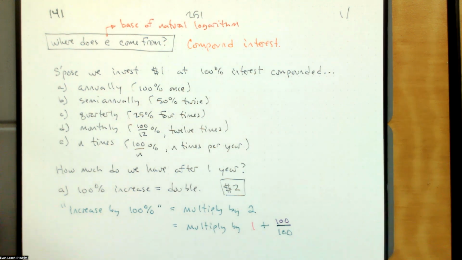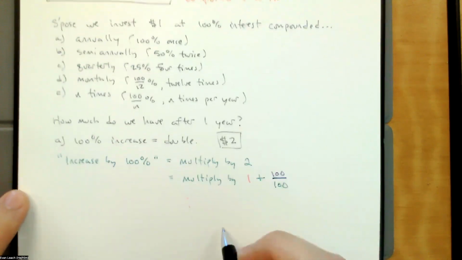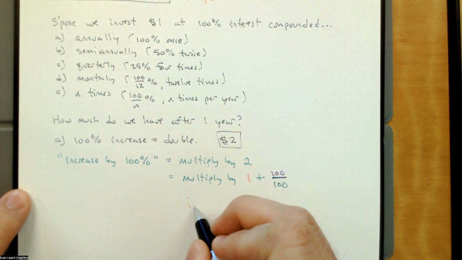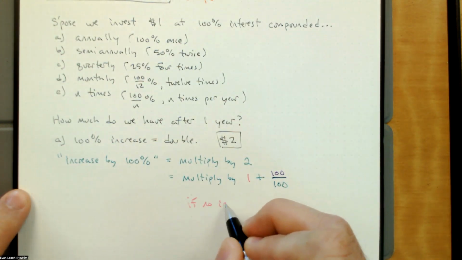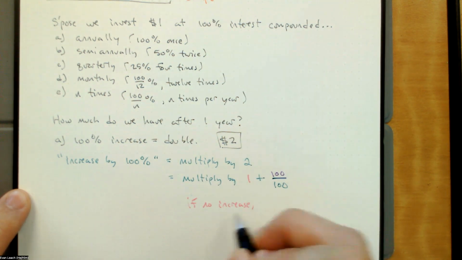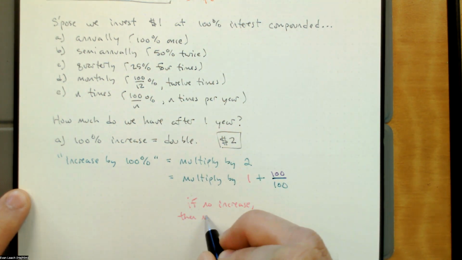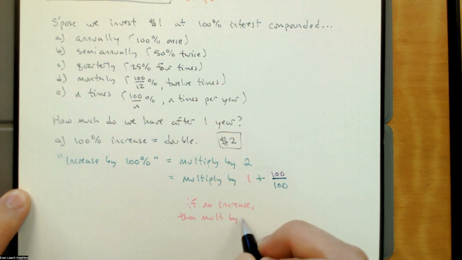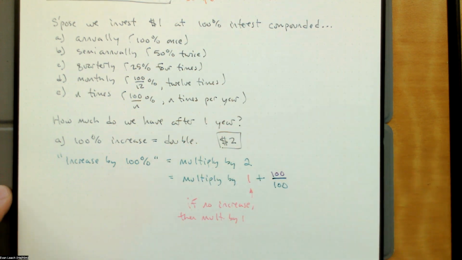So the one that we start with, this is the 100% that we start with, the one that we keep. If nothing changed, we'd multiply by 1. That's what that one represents.